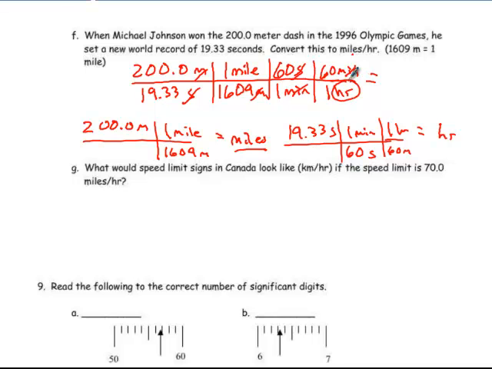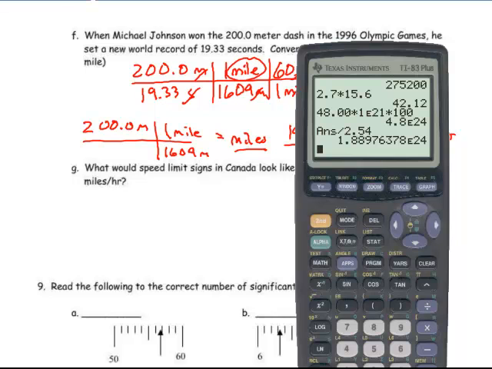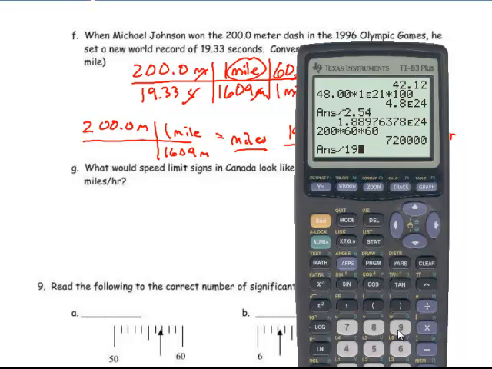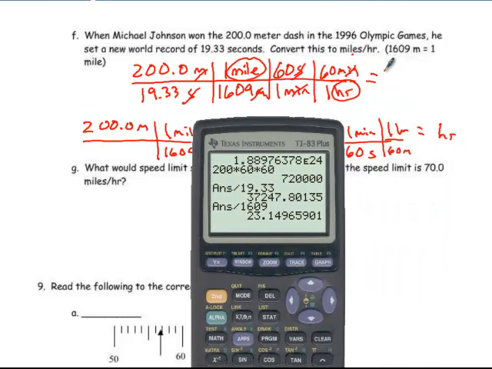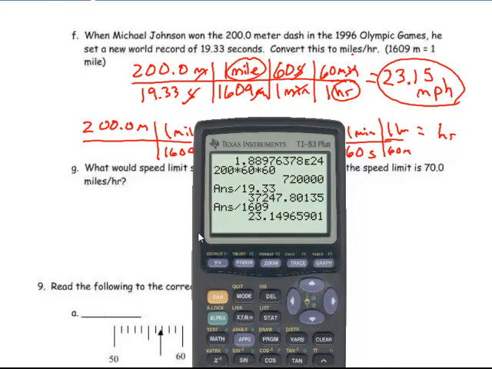I have hours on the bottom, miles on the top, so I know I did it right. 200 times 60 times 60 divided by 19.33 divided by 1,609. And as we already answered this one, you see the significant digits, 4 and 4, so 23.15 miles per hour, or miles over hours.